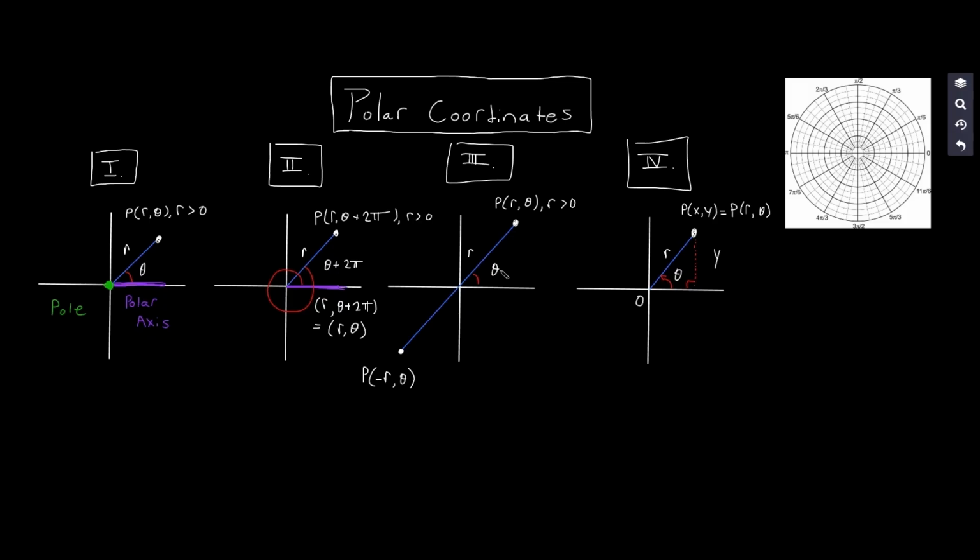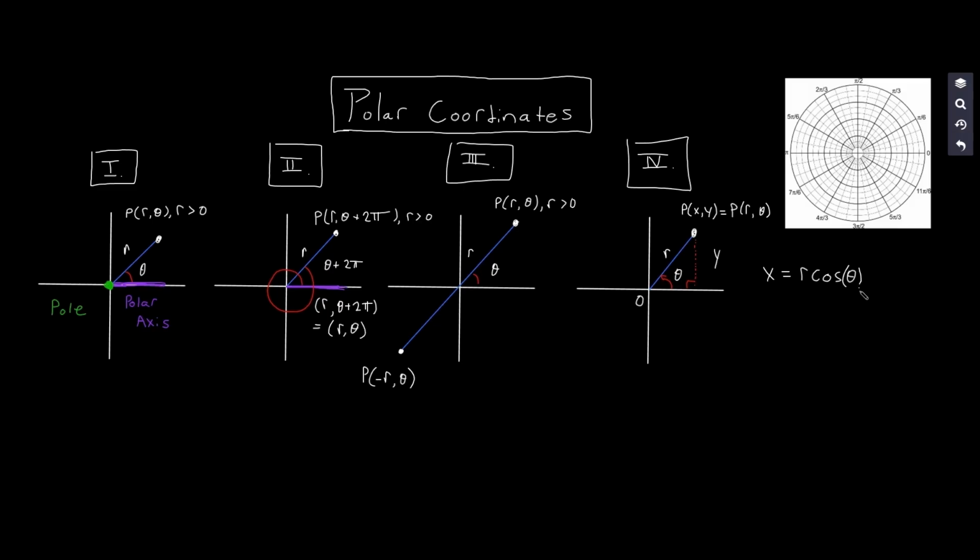Okay, and then this here is showing that P(x, y) is the same thing as P(r, theta), and then I can write out x is r cosine theta.